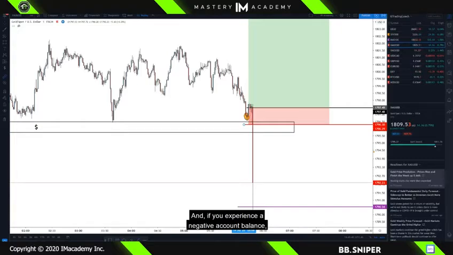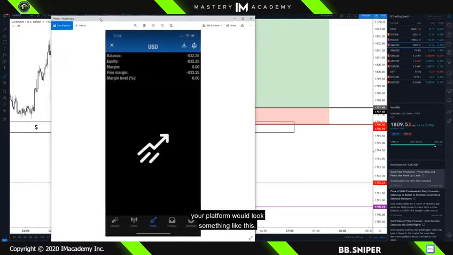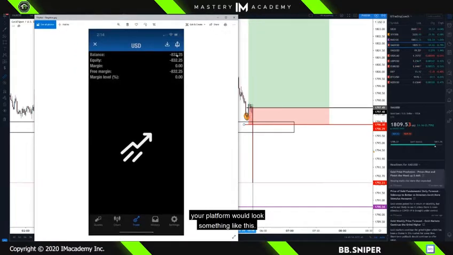And if you experience a negative account balance, your platform would look something like this, and you will actually owe your broker money before you can resume trading in the markets. Slippage is something to be aware of, but it is not something to be scared of.